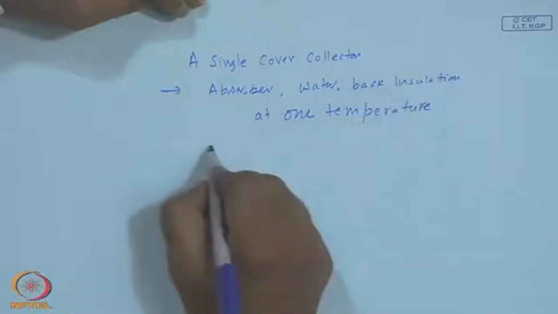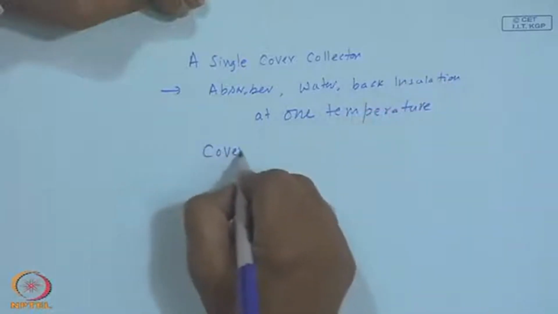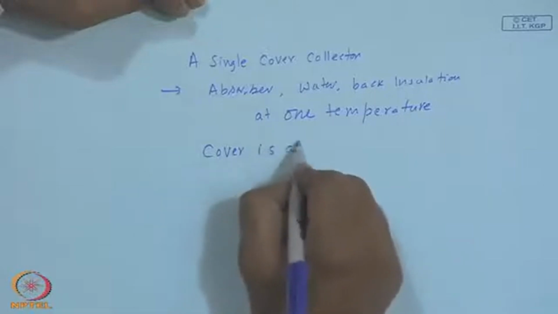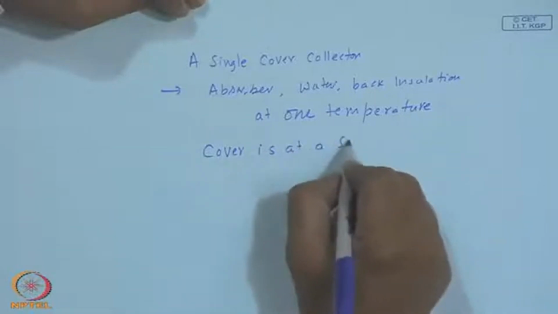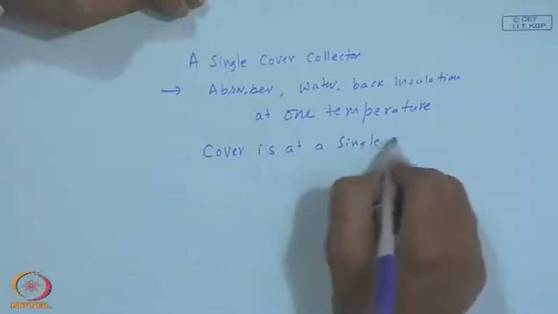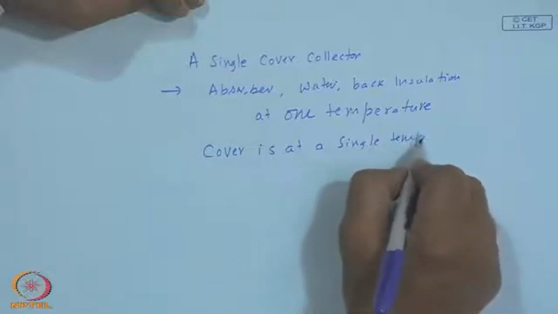The cover is at a single temperature. This is an assumption that we have been doing commonly. In other words, we distinguish the glass cover as one unit and the rest of the collector as another unit.